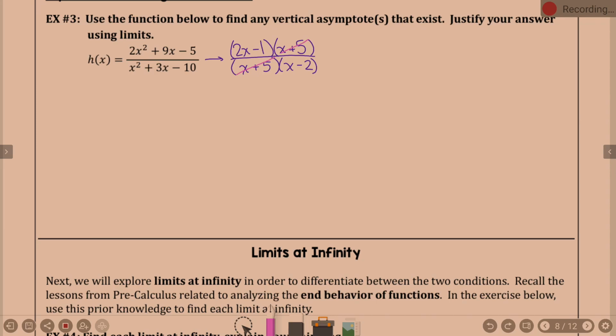Is there any vertical asymptote? So just based on the fact there'd be a hole at -5, there's a vertical asymptote at 2, just based on what we know about rational functions, yes? And we're specifically talking about rational functions.